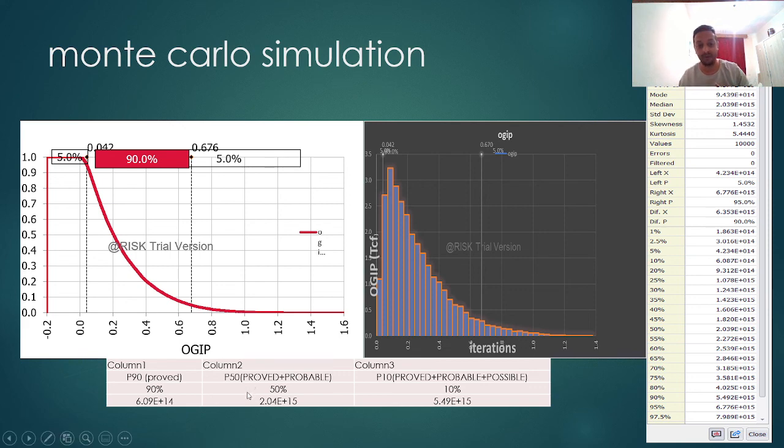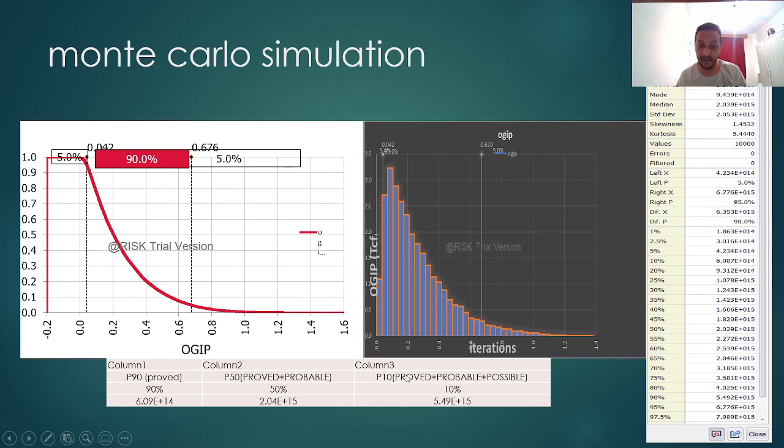P50, which is proved plus probable, it is 2.03 multiplied by 10 to the 15.